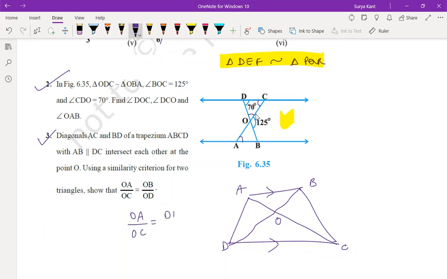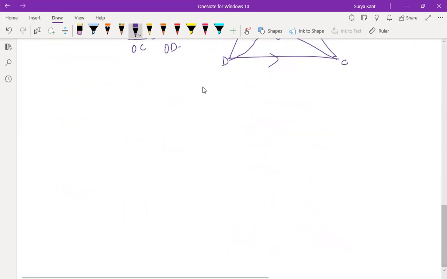Is it clear? Same ditto question, no change. Okay, next question number fourth. Fourth is a bit tricky; a small trick is there in this question.